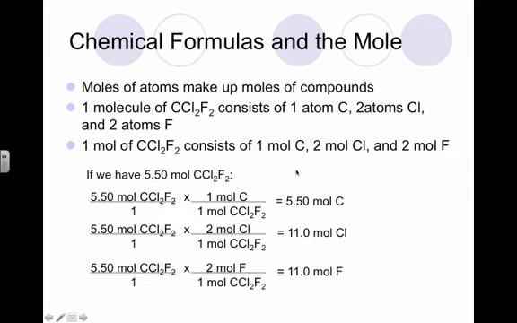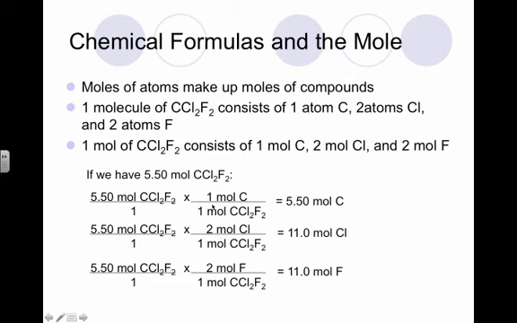So if we've got 5.5 moles of this molecule, we'd have 5.5 moles of carbon, 11.0 moles of chlorine, and 11.0 moles of fluorine due to the ratios from the compound.